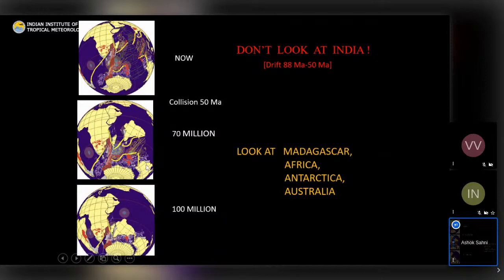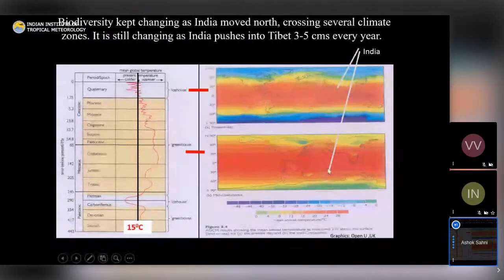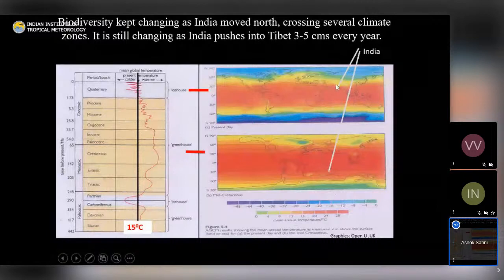But if you look at India, India has moved from a position something like 40 degrees south to the northern hemisphere. The climate has changed drastically. If you look at this left-hand diagram, you'll see a black line here.